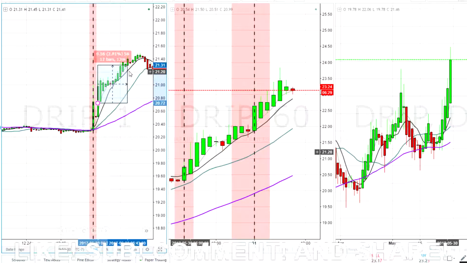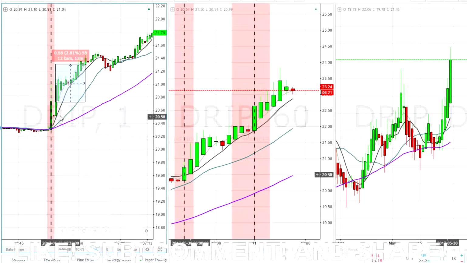Obviously you stayed in based off of your location where you entered. Your low risk would be somewhere right here based off of this 8 line. That's what's great about smaller moving averages, is now you can use them to help in shorter trades and lower losses.